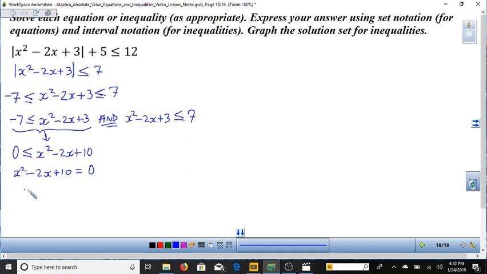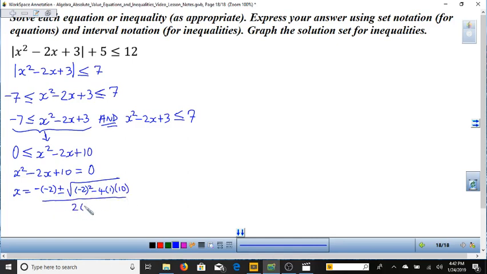So when we use the quadratic formula, x is equal to negative b, which is negative of negative 2, plus or minus the square root of b squared minus 4 times a times c, and then divided by 2 times a.